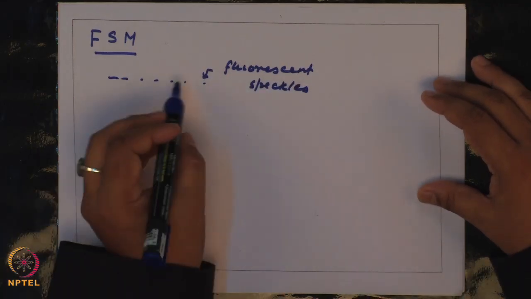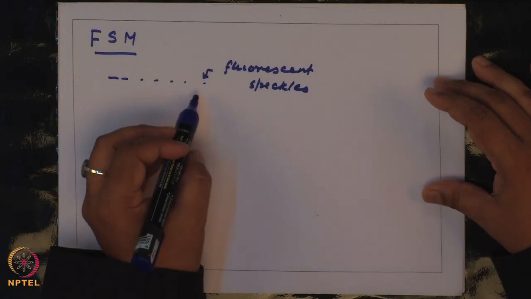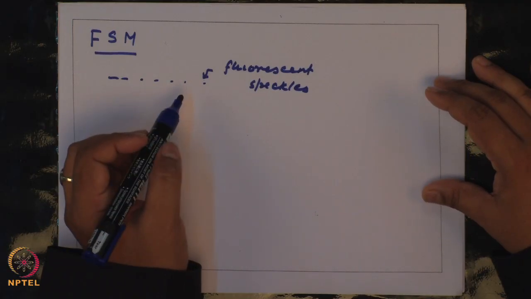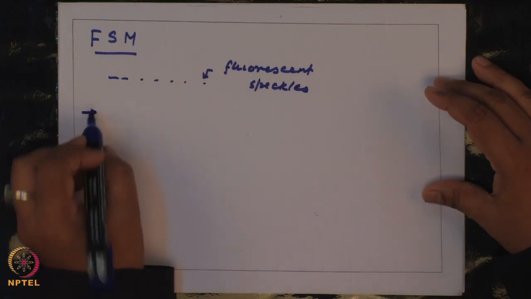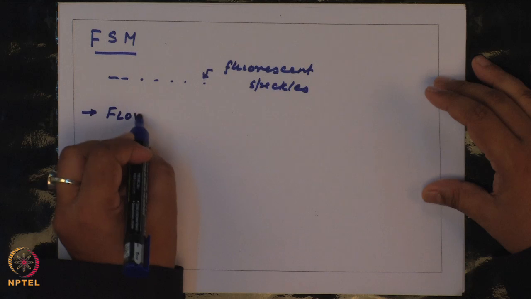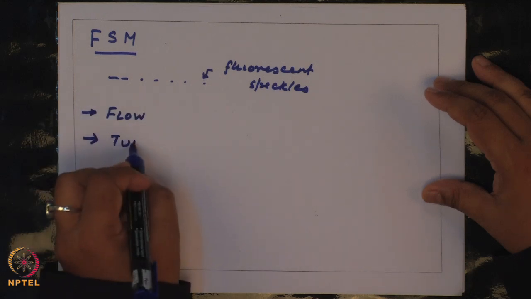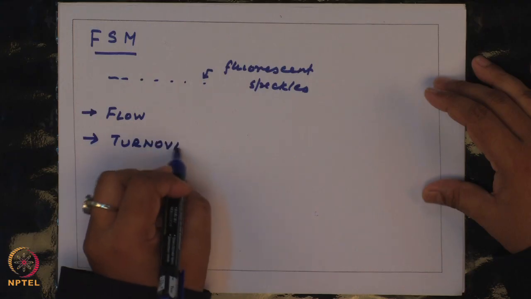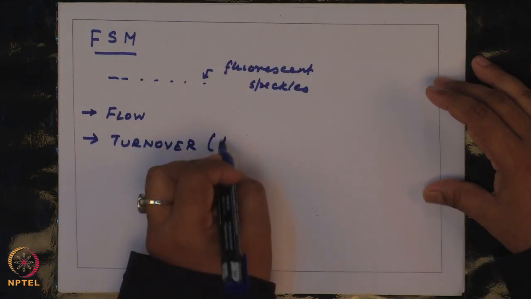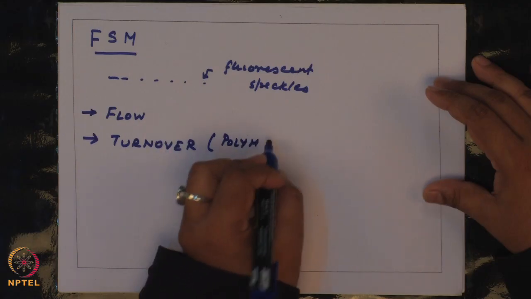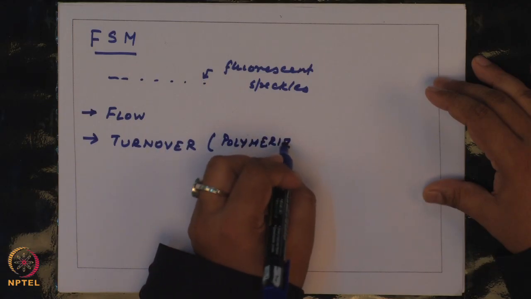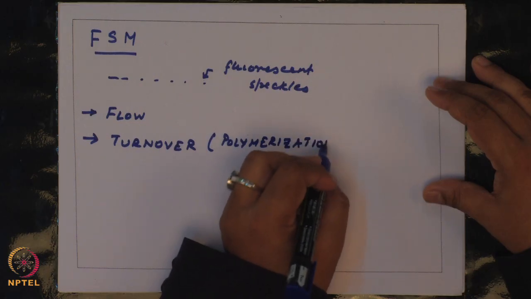By tracking the position of these speckles and their intensity, you can get information about flow and turnover. By turnover, I mean either polymerization or depolymerization.